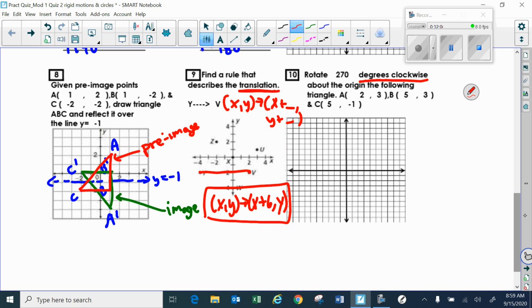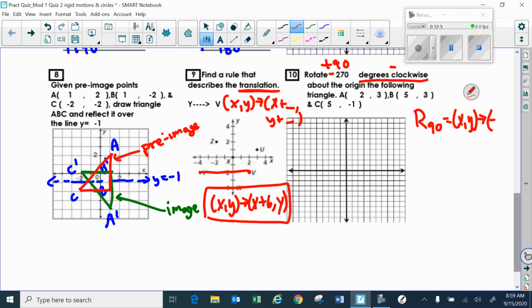Remember, clockwise already is negative. So that really says rotation of negative 270, which is the same thing as rotation of positive 90. Remember, clockwise is negative. Counterclockwise is positive.